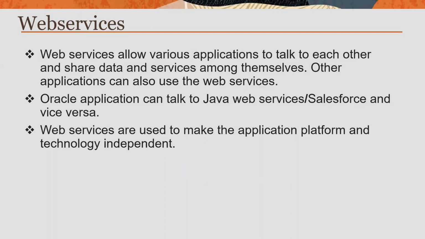The main use of these web services is that they are platform independent. That means one application can be written in Java or some other language, and we don't need to worry about the platform, or which code they have written it in.